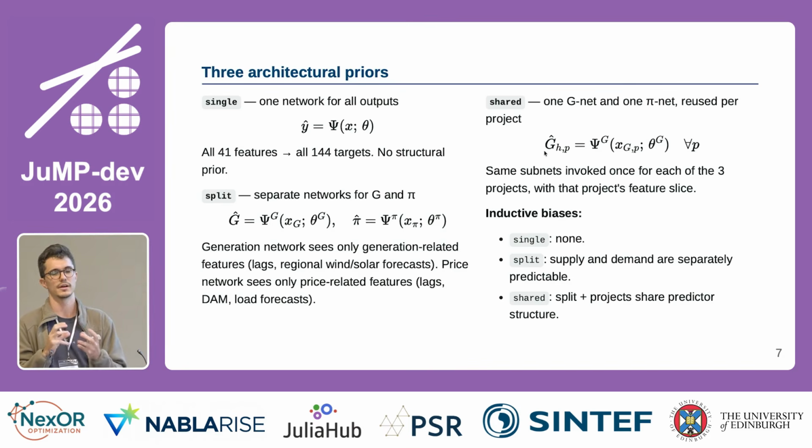So the forecast model uses the same parameters, but with different exogenous variables to forecast for different projects. The idea here, as I said, was to evaluate how adding these priors and adding more knowledge about the problem and about the data would make a difference for this type of model, and how this would affect the whole end-to-end pipeline.